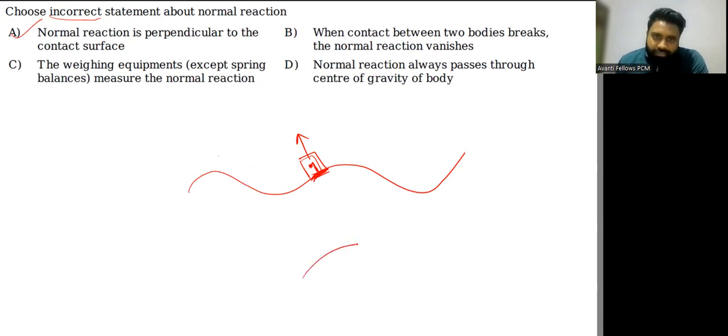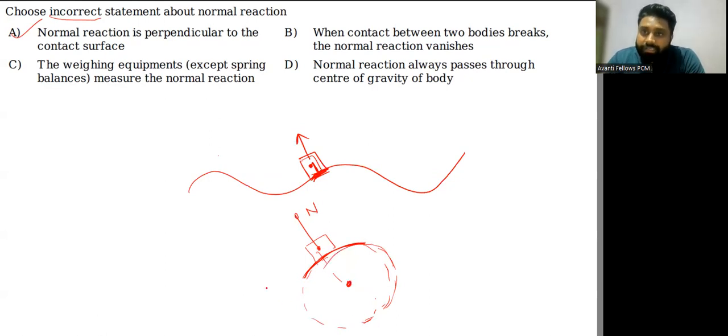So this is the curve where this body has been placed. The normal will pass through the center of the circle, because every curve is a part of a circle, of the radius of curvature.